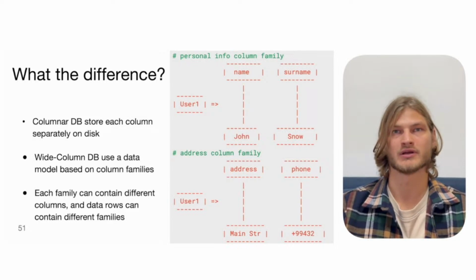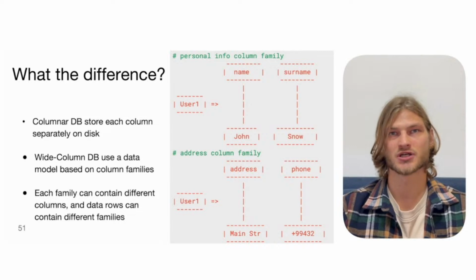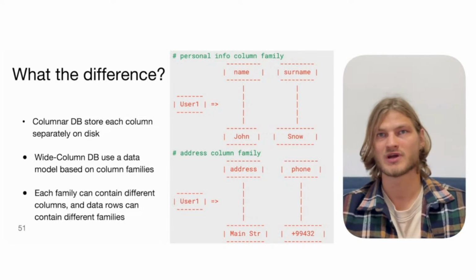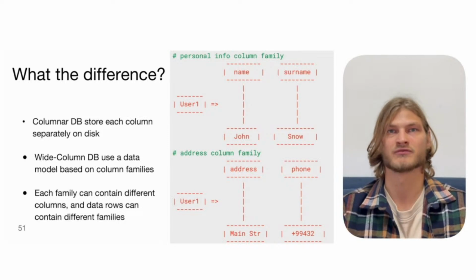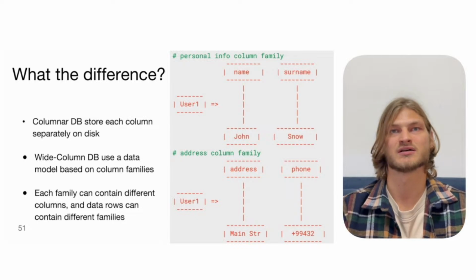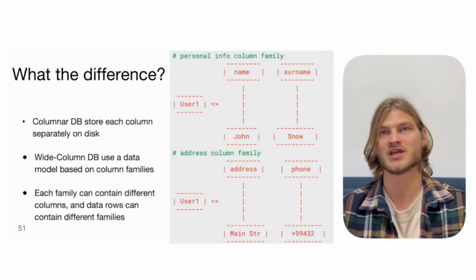As you can see in the picture, we have a personal info column family for one person, let's say with row key user 1, and we have name and surname for him.